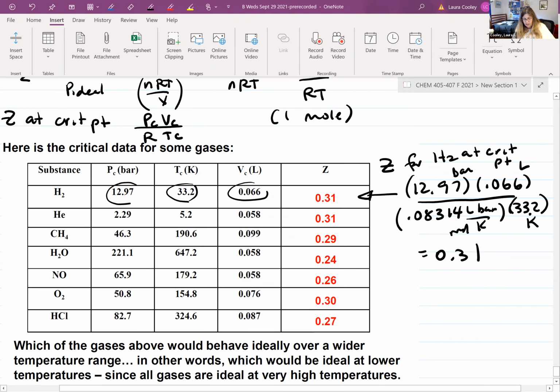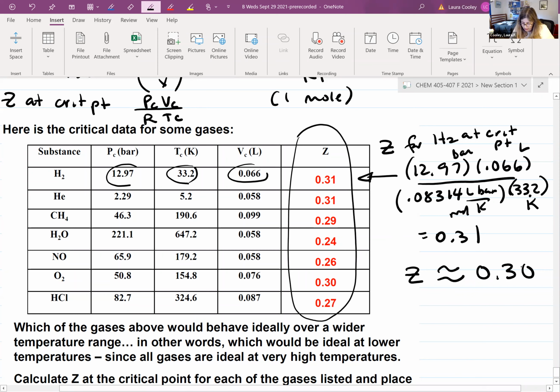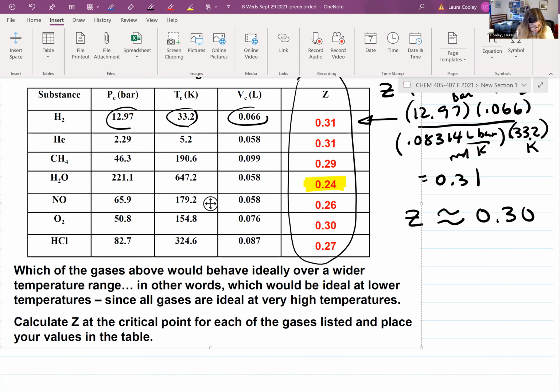Okay, well, here's the interesting thing. What do you notice about these numbers? For all of these compounds, the Z value is approximately 0.3. As usual, water is considerably exceptional, at 2.4. But we can always make an exception for water because it's got such strong intermolecular forces.